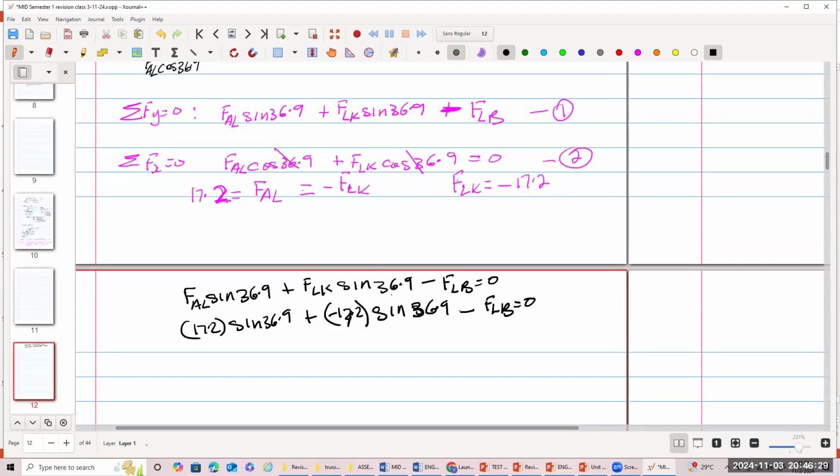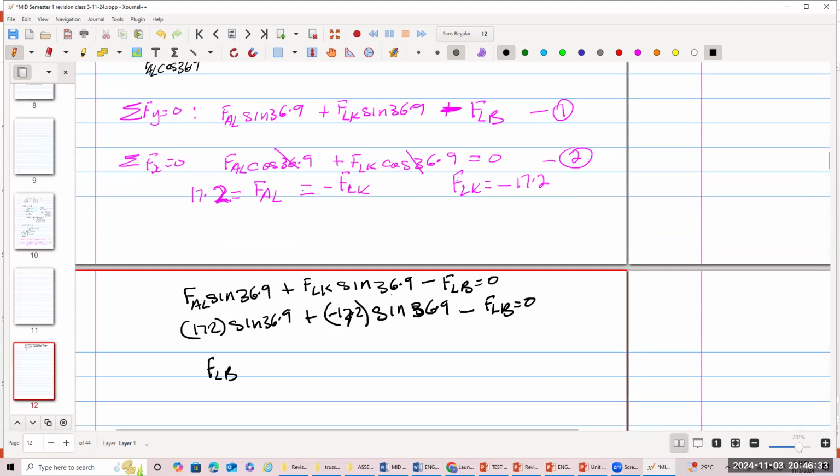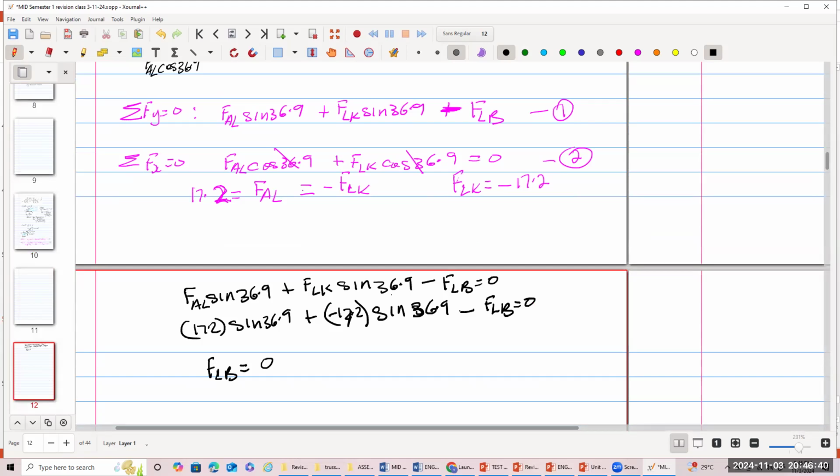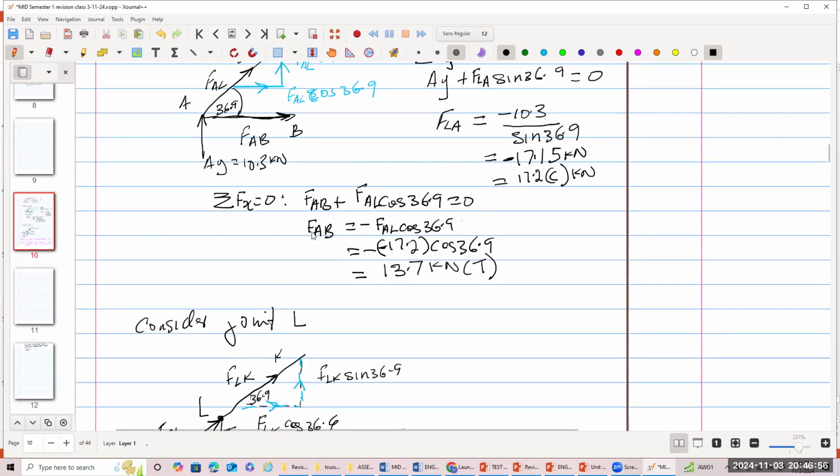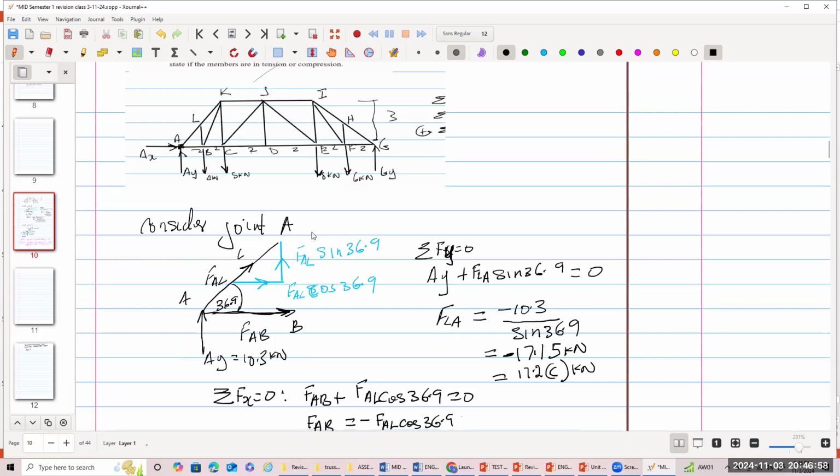But that means FLB is 0. It is a 0 force member. You see that? That's what it is telling me. That's a 0 force member. You get that, guys? Yes. That means that if you take it away from there, nothing will happen because it's not doing anything. That's what it is saying.